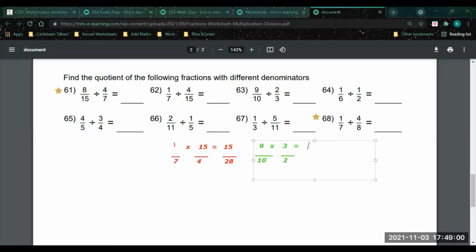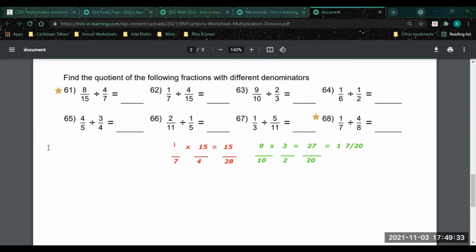So you'll get 9 by 3 is 27, and 10 by 2 is 20. If you know how to convert from an improper fraction to a mixed number, 20 could go into 27 one time with a remainder of 7 over 20, because the denominator would remain the same. So you'll have 1 and 7 over 20. Or you could just leave your answer as 27 over 20 for the purpose of this exercise, which I would do.